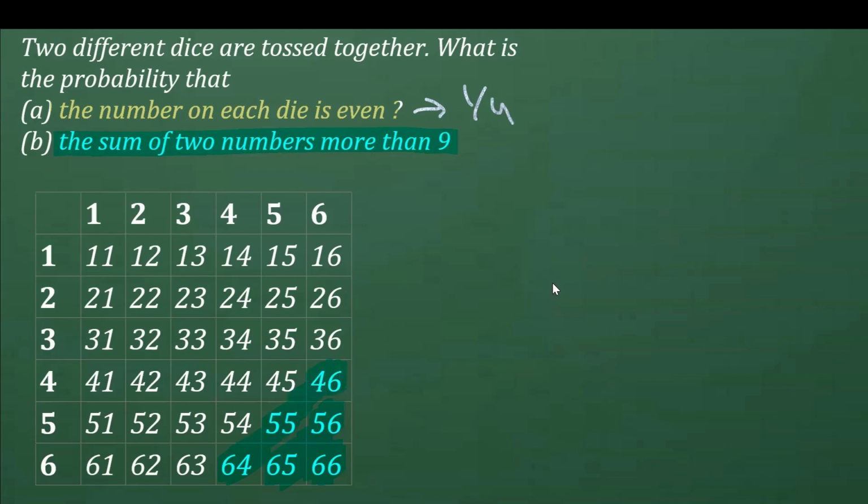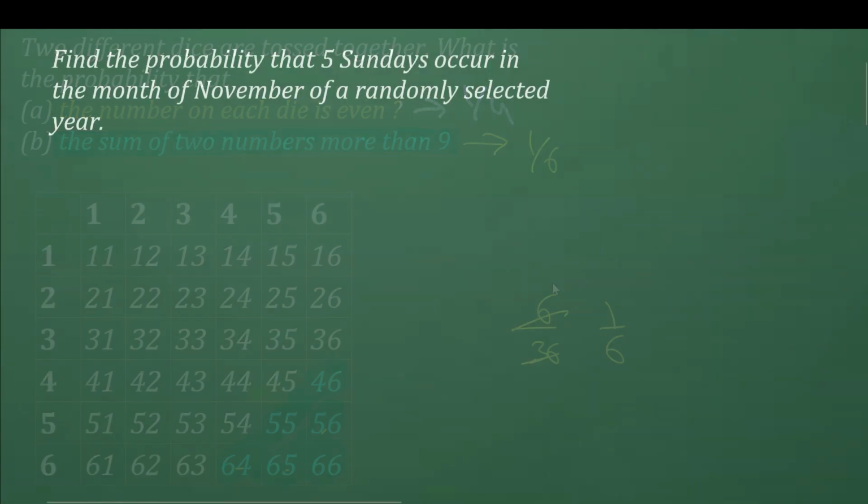We cannot take 9 because it has to be more than 9. So how many of them? 1, 2, 3, 4, 5, 6. So the required probability in this case is 6 over 36, that's 1 over 6. So for the second part, 1 by 6 is the required probability.